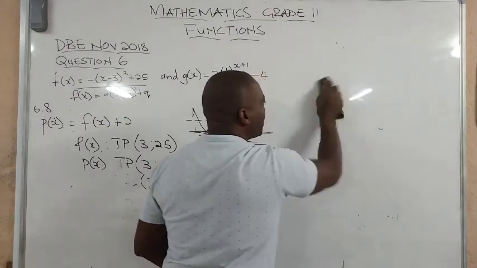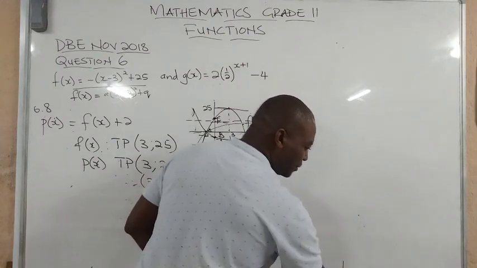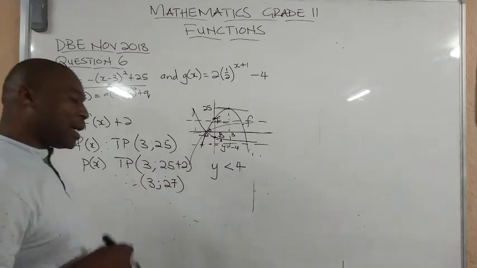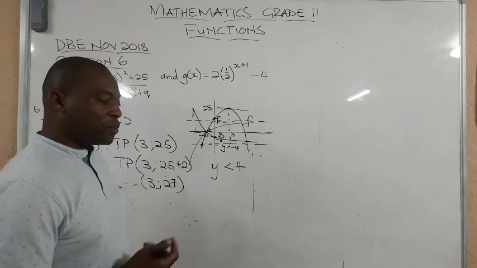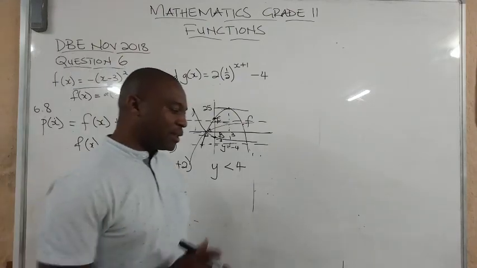Now this question becomes very tricky under exam condition if you have not accustomed yourself to solving questions like this. That's where people just leave the space and they don't know what to write.